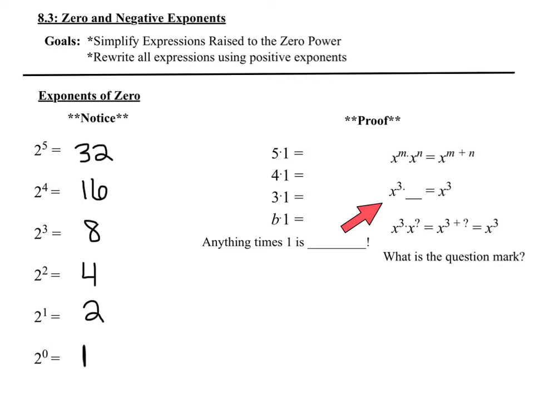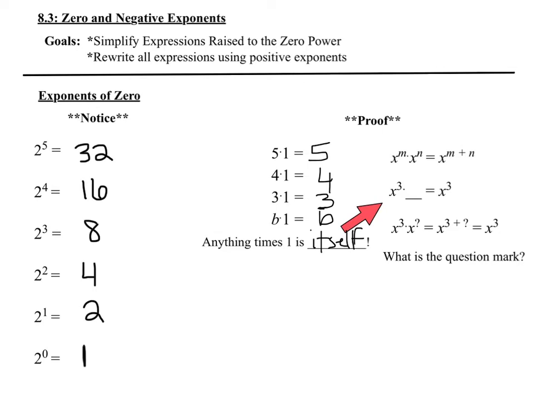Now the first thing that we're going to use is the idea that 5 times 1 is 5, and 4 times 1 is 4, and 3 times 1 is 3, or b times 1 is b, which is really that anything times 1 is itself. That's something that I feel like everyone knows.